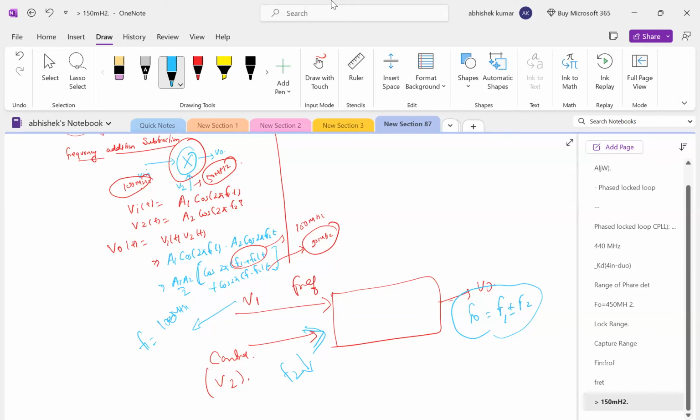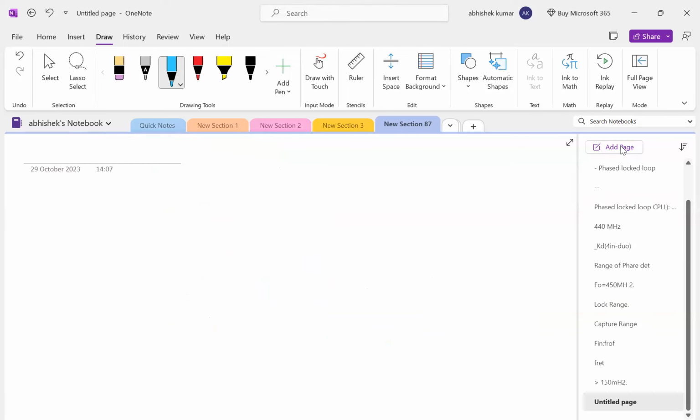Yeah, that thing we already discussed here. See, I told you that we can have different frequencies using a frequency divider also.